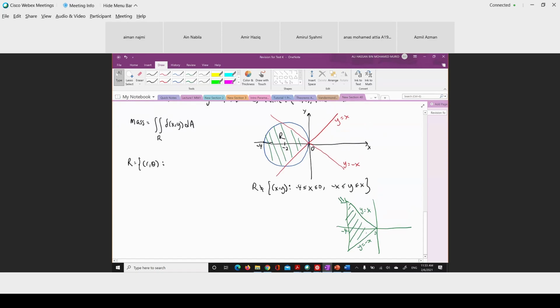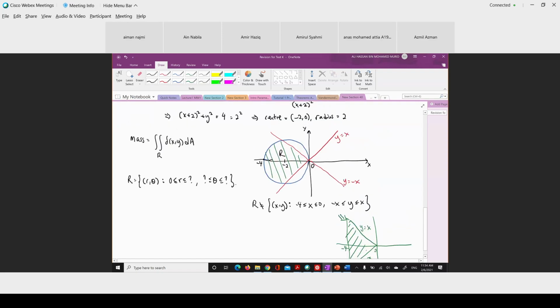Now we need to have a polar curve for the circle. We know r is greater than 0. What about theta? It is between what angle and what angle? So we need to have a polar equation for this circle here.